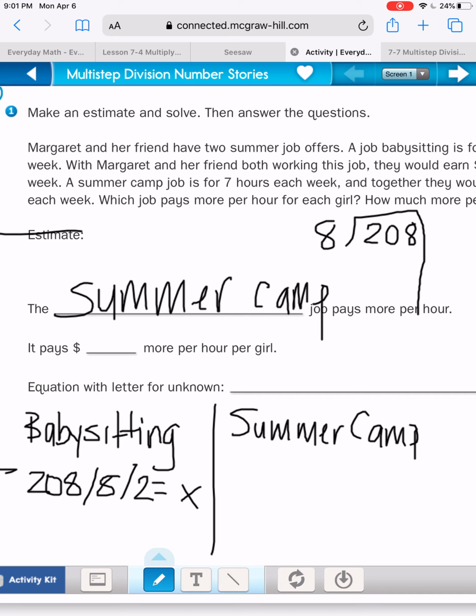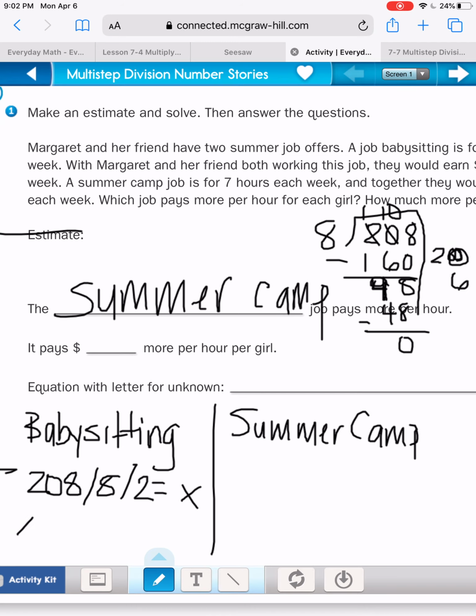I'm going to start with 20. 20 times 8 is 160. And when I subtract, I am left with $48. I'm sorry, not 98, 48. Then I know that another 6 would get me exactly 48, and I'm left with 0.